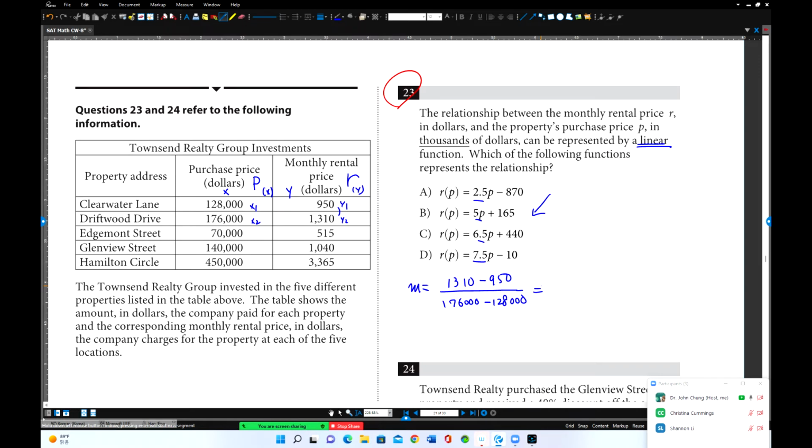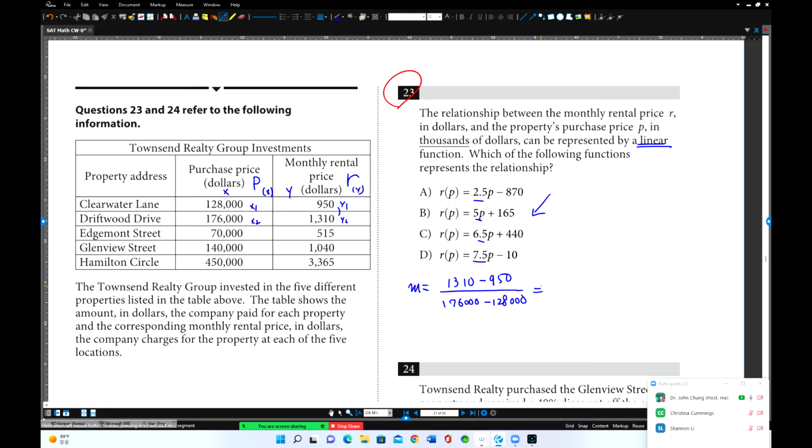Do not calculate by hand. 1310 minus 950, enter, and divide. Open the parentheses, 176,000 minus 128,000, and close the parentheses.